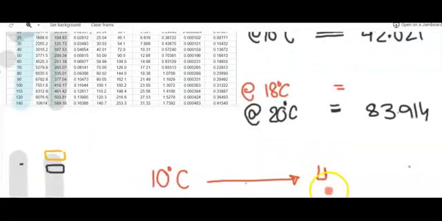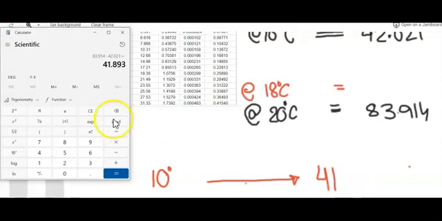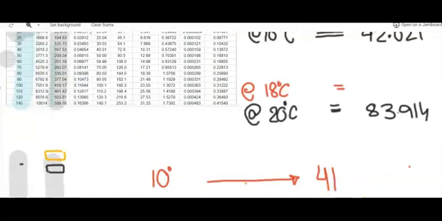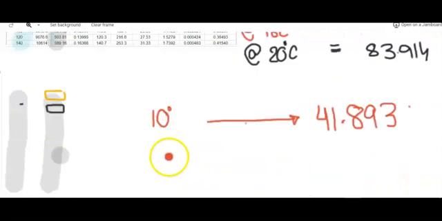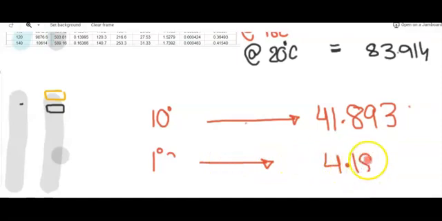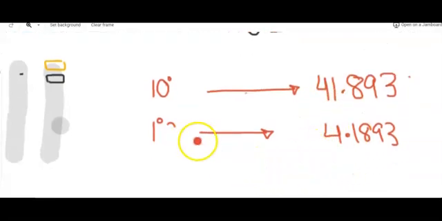So 10 degree means 41.893. And I want to find what's the difference for 1 degree then. For 1 degree, divide everything by 10. So 4.1893. I just move the decimal here.